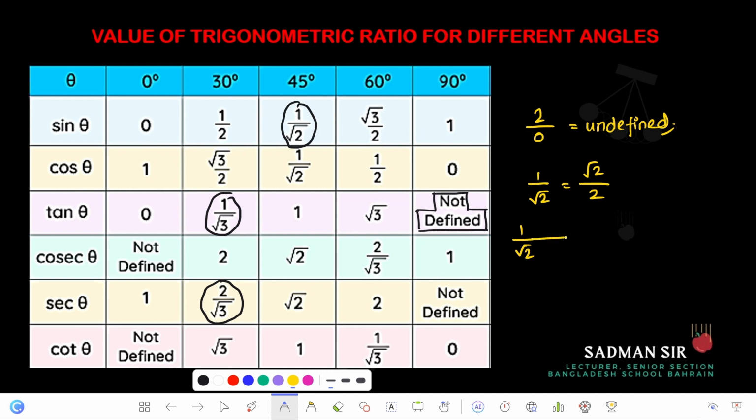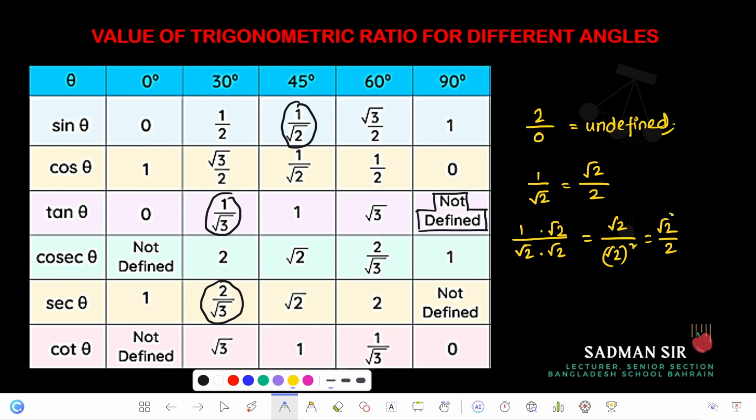That is why they multiply root 2 in the denominator and the same thing in the numerator to balance it out, right? So now root 2 into 1 becomes root 2, and root 2 into root 2 becomes root 2 square. So the root and square cancel each other, then it becomes 2, and in the numerator it is root 2. So in this way they are finding out the values.